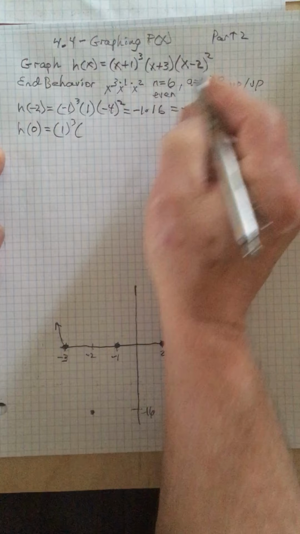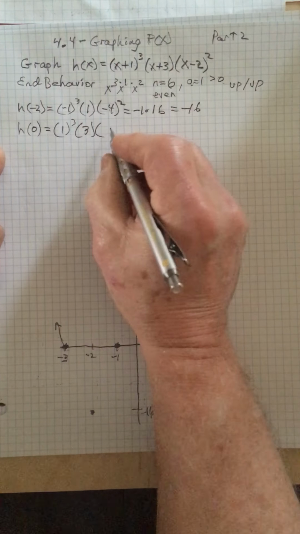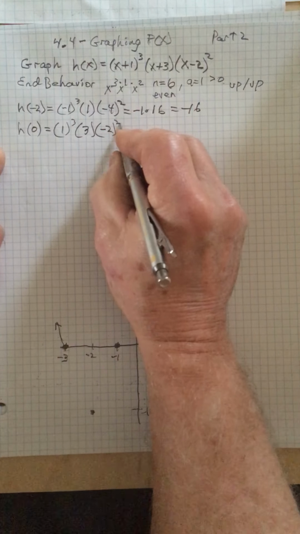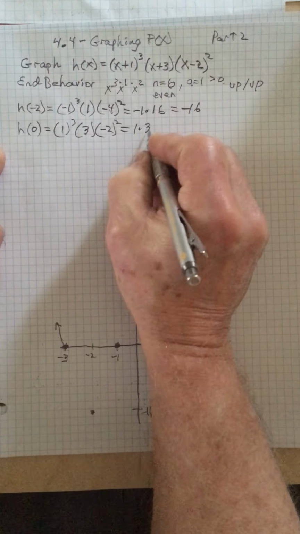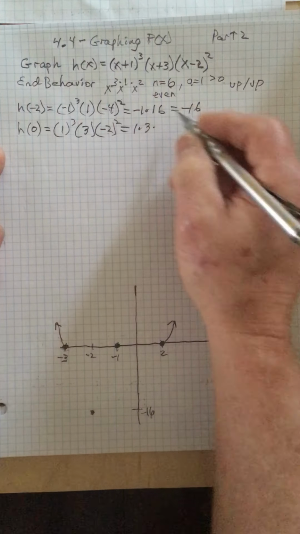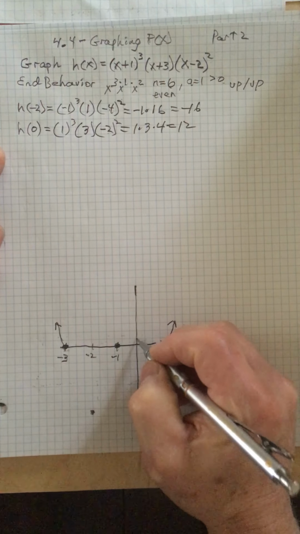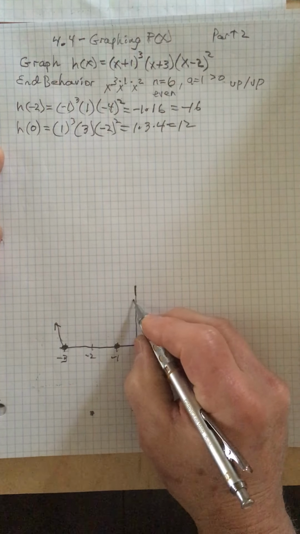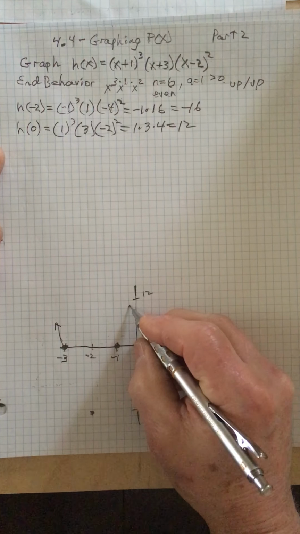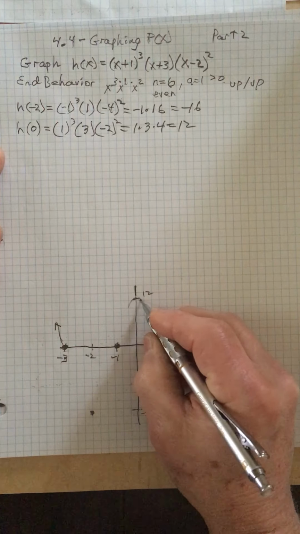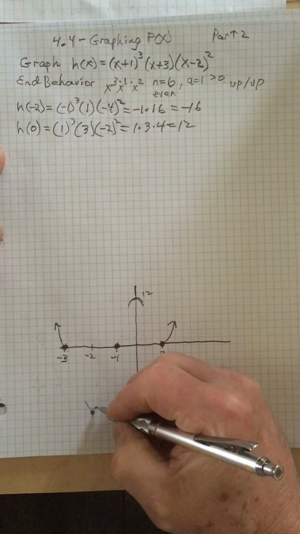When x is 0, this is 3. And when x is 0, that's minus 2. So 1 cubed is 1, times 3, and minus 2 squared is 4. 3 times 4 is 12. So we're going to go up 12. It would be there. So we're going to come through here somehow, and we're going to come down here.